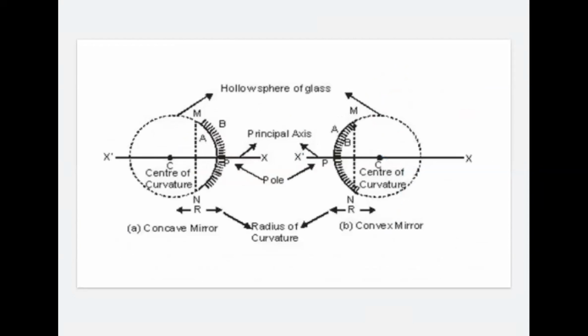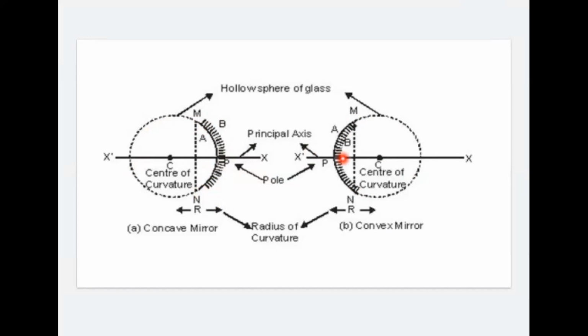Now, students, in this slide, we have two hollow spheres, definitely three-dimensional spheres, and in one sphere we are taking a small portion and the outer part is being coated with silver, which is shown with the dashed line.